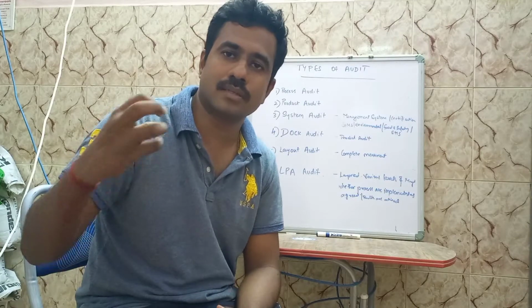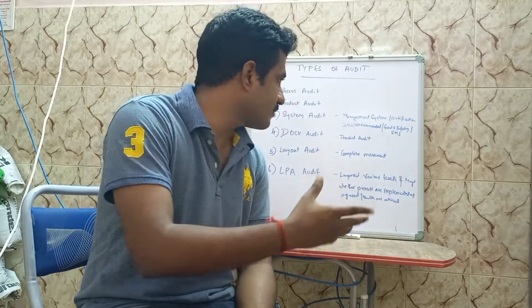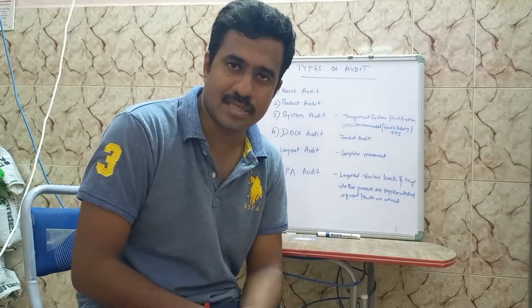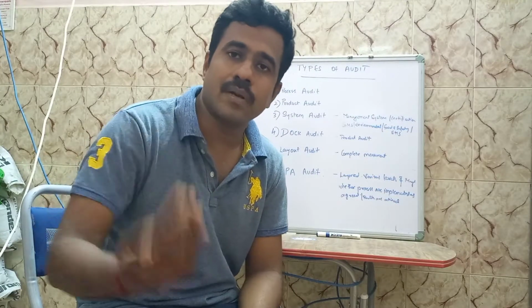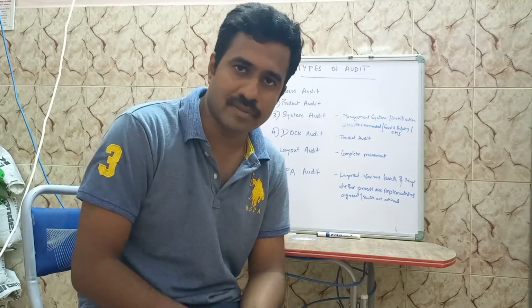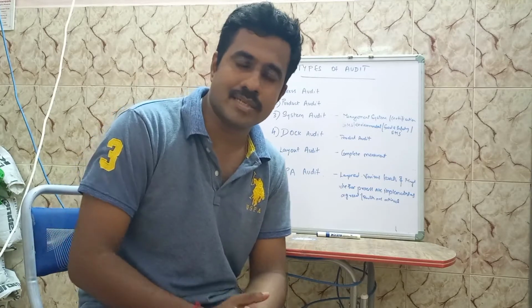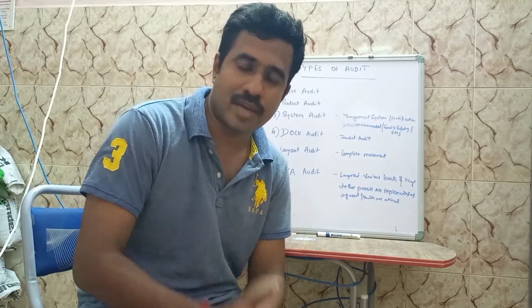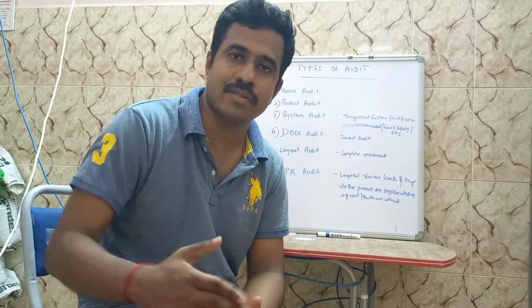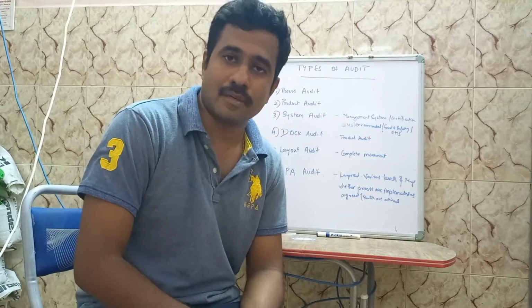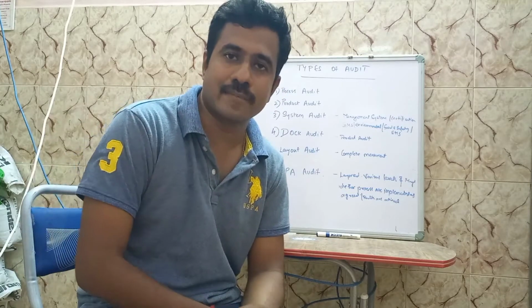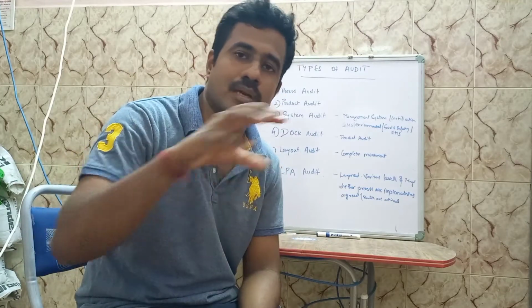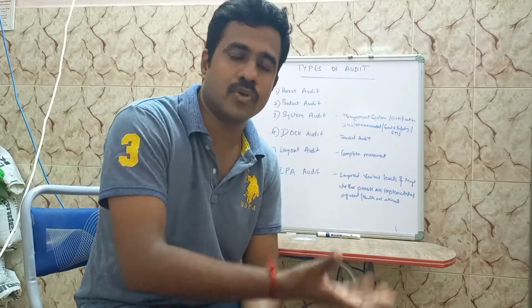What are the norms? The first one is QMS, the quality management system audit. What quality points and quality controls are available, what kind of organization and personnel you have, how many hierarchy levels of manpower there are, and what control methods are available at each and every station. These things come under the QMS audit.